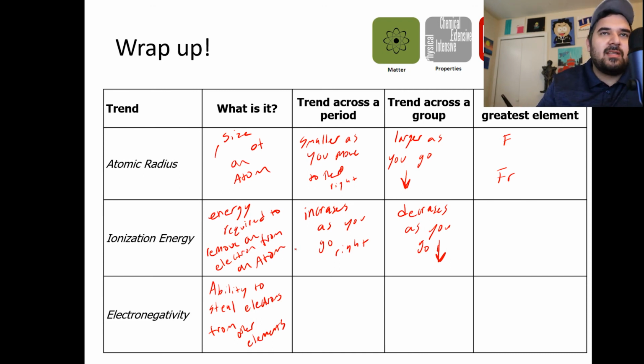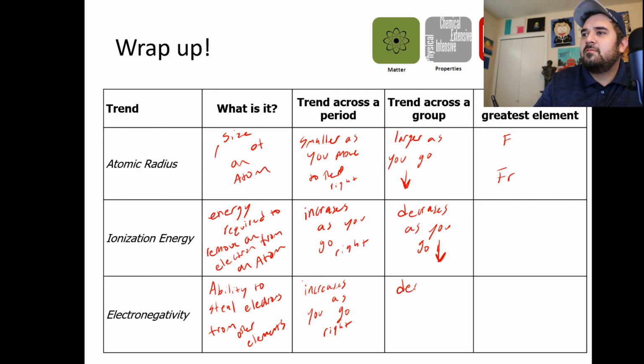And then electronegativity, it increases across the period. Man, my handwriting is no good today. And then electronegativity down a group, it decreases.